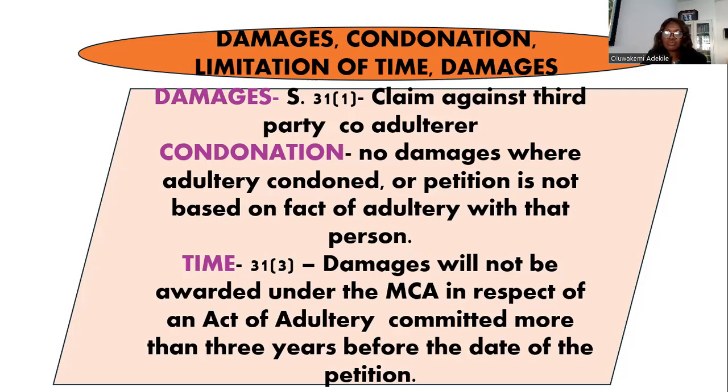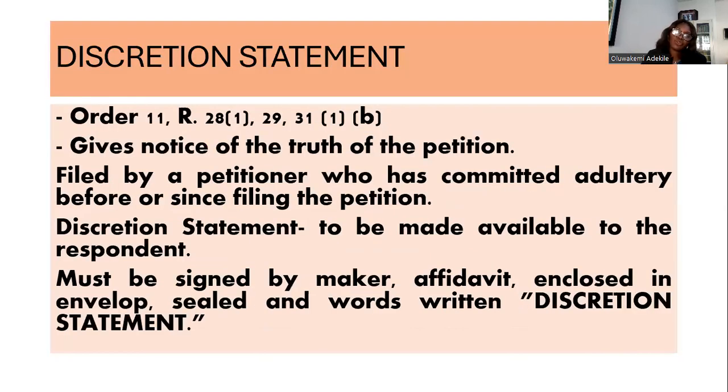Then the damages will not be awarded if the adultery had been committed more than 3 years before the date of the petition. So these are some of the conditions attached to this issue of adultery.